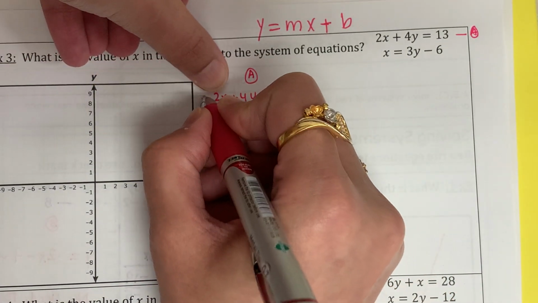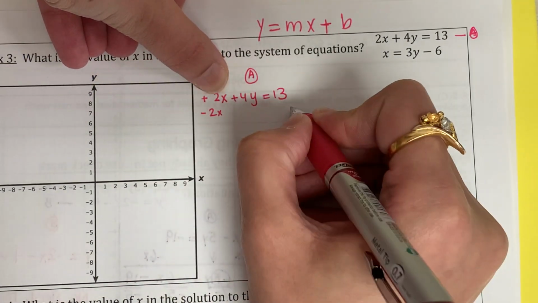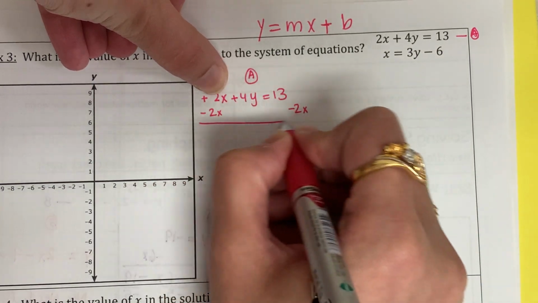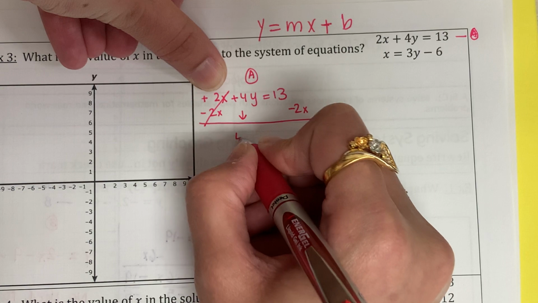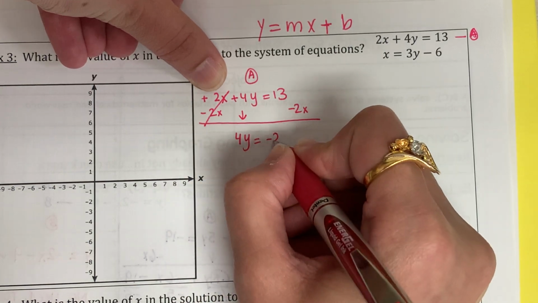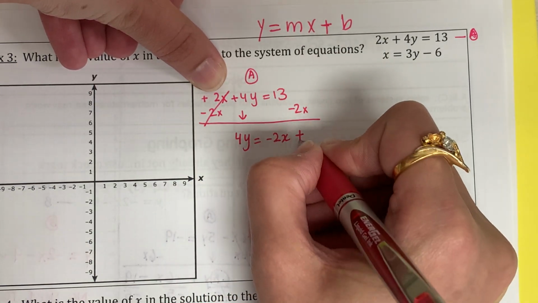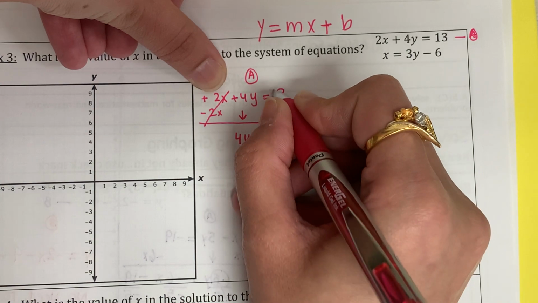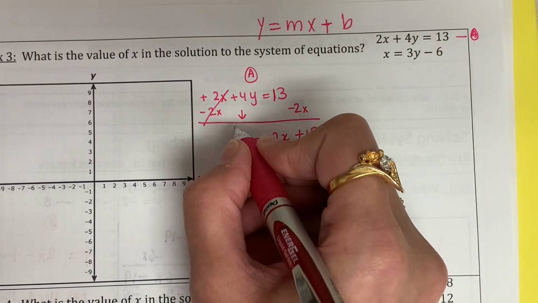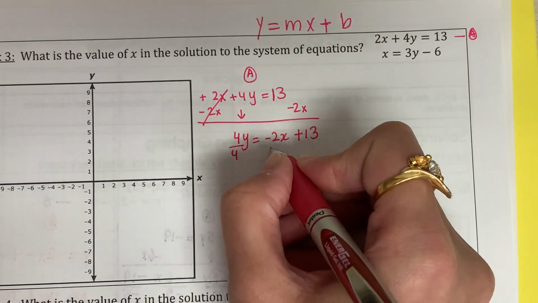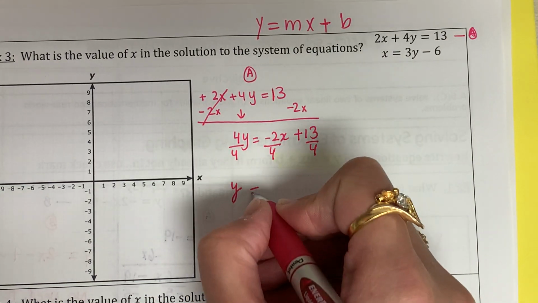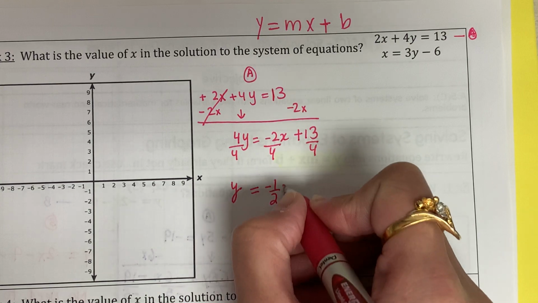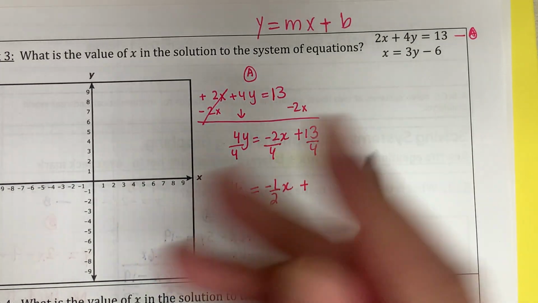First step is, this is plus 2x, so I'm going to subtract 2x on both sides. And bring down the positive 4y equals negative 2x plus 13, because there's no sign, so it has to be plus 13. Next, you divide by 4 on all of it. So y is equal to negative 1/2 x plus 13 divided by 4.